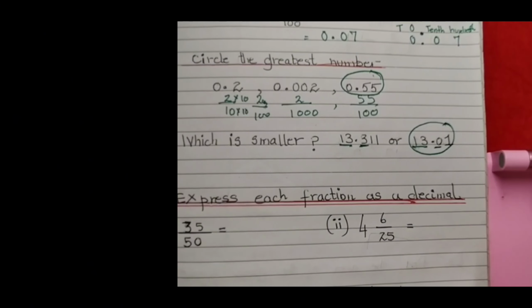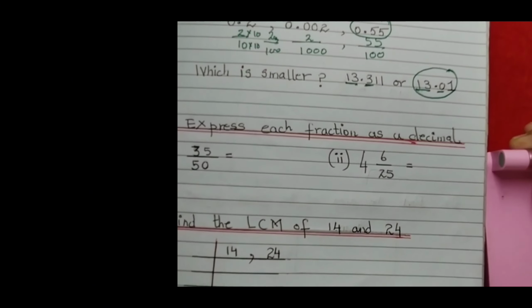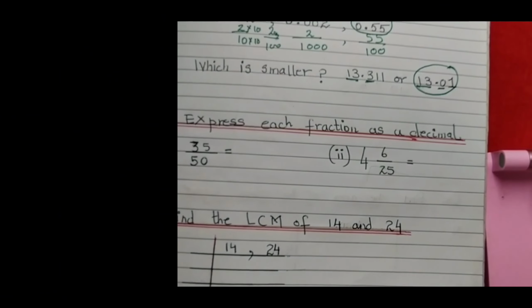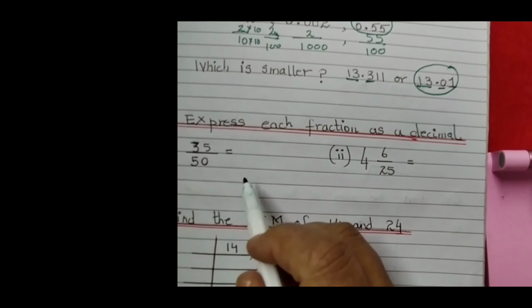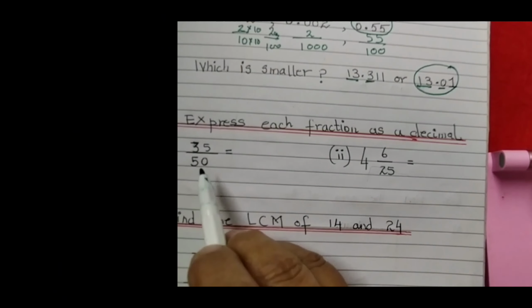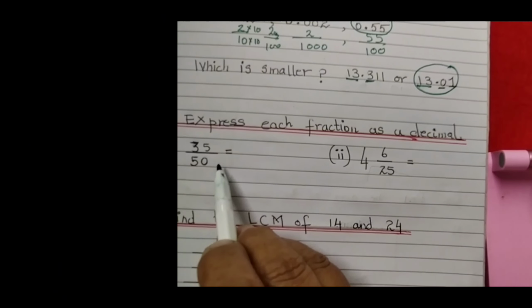Alright. Let's move on to express each fraction as a decimal. Now when you want to convert this number to a decimal, first of all, what will you do with the denominator here? Your denominator is 50. Either convert your denominator into a 10, 100 or 1,000.